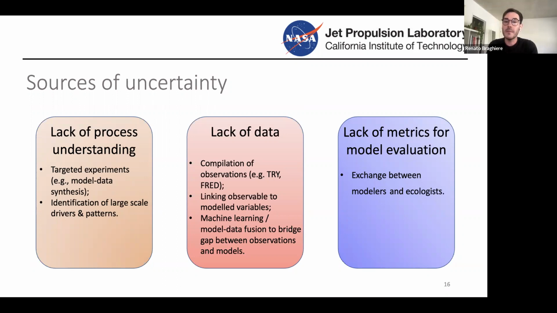There's a lack of data. All the cost parameters were fitted for very limited sites on Earth. So how can we be sure that the upscaling of this data is right as well? And then there's the lack of metrics for model evaluation. For example, when we did the validation exercise, we were looking at variables that were readily available, like global gross primary productivity.